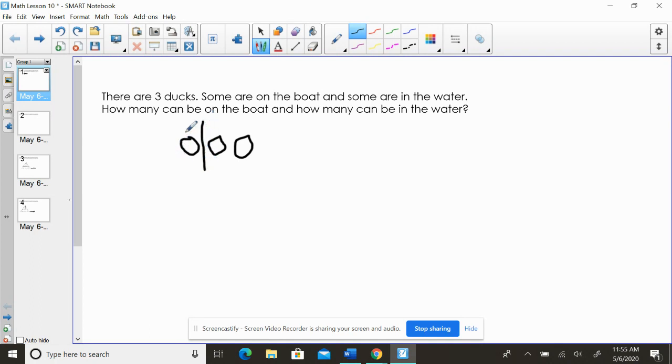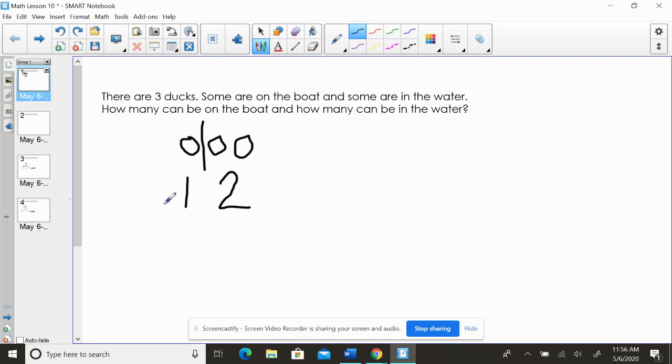On this side of the line, we have 1 duck. So I'm going to write the number 1. On this side of the line, I have 2 ducks. So I'm going to write that number below. So we know that 1 and 2 more make 3. 1, 2, 3.